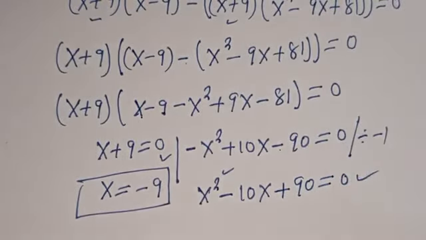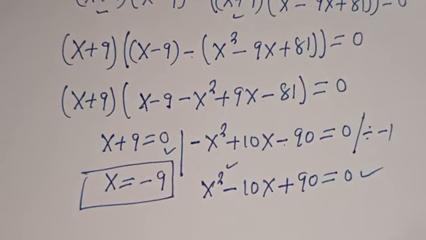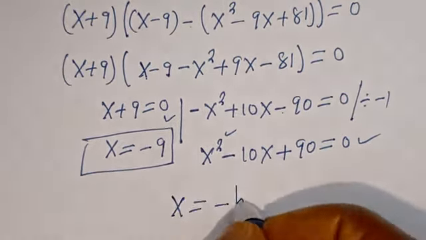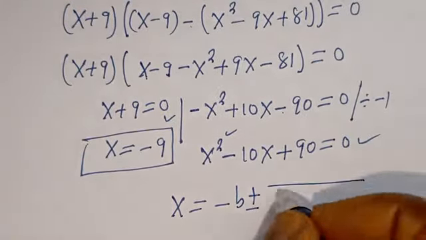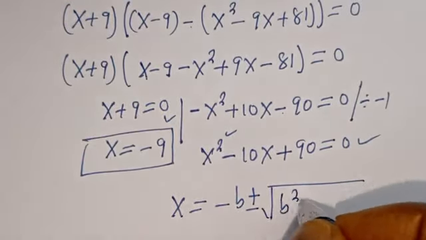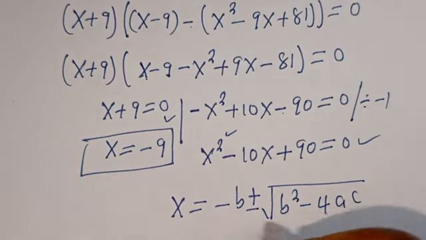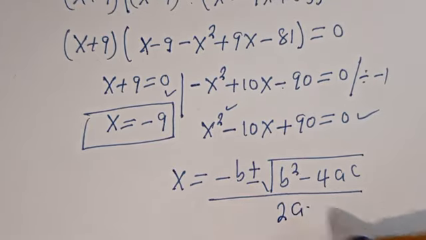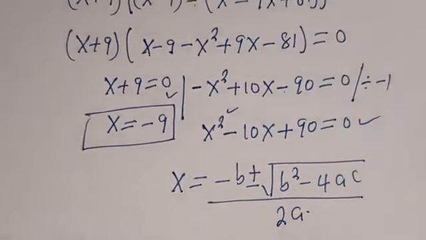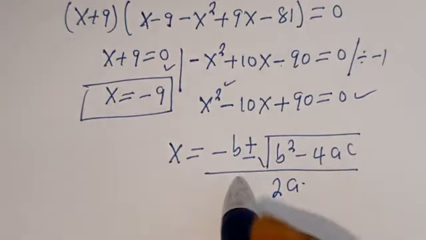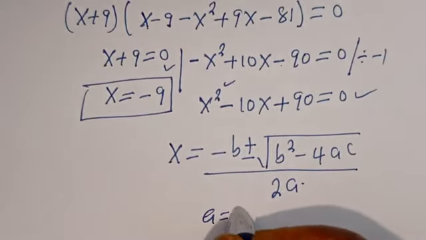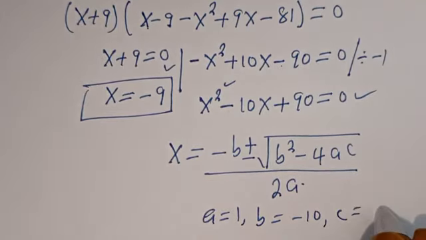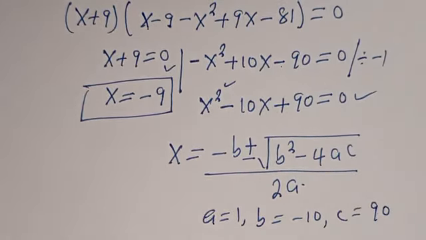This is a quadratic equation. Let's solve this using the quadratic general formula. We have x is equal to minus b plus or minus square root of b squared minus 4ac divided by 2a. And from this equation, a is equal to 1, b equal to minus 10, c equal to 90.